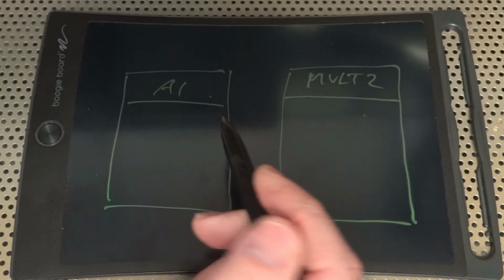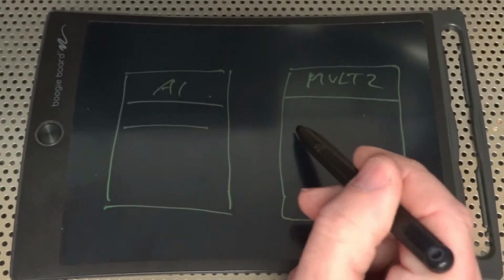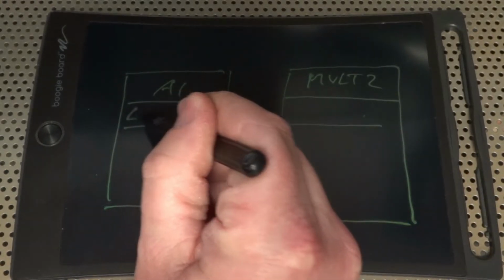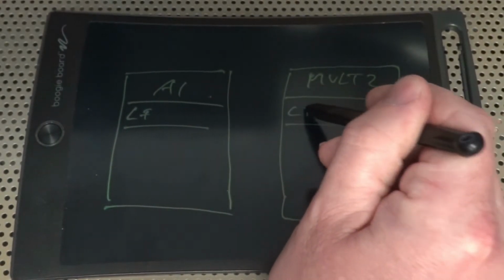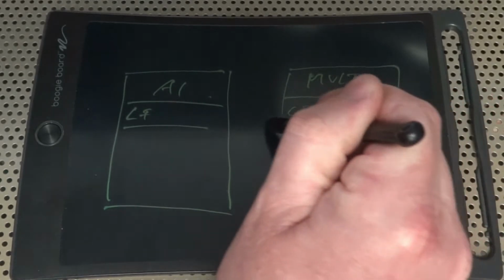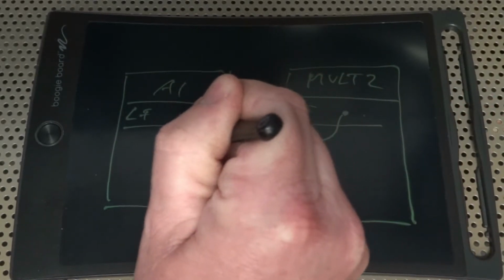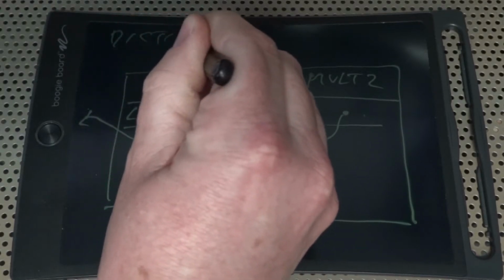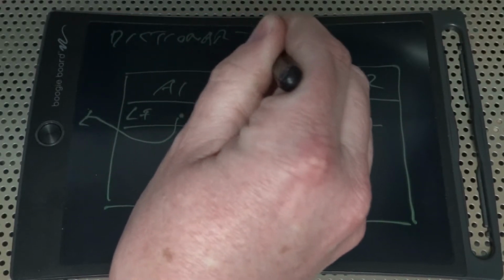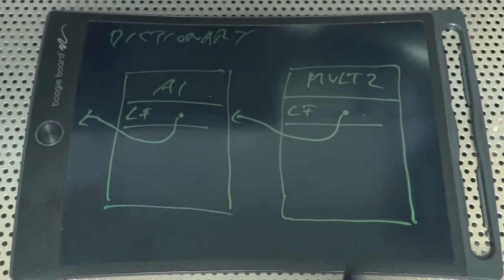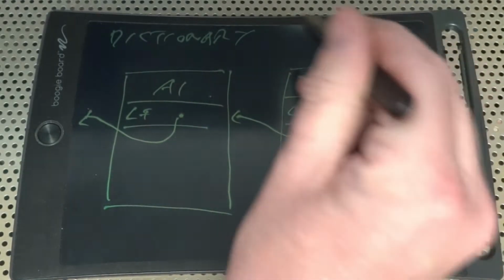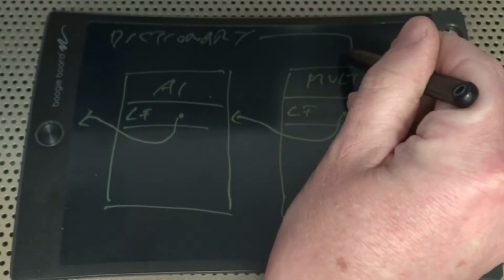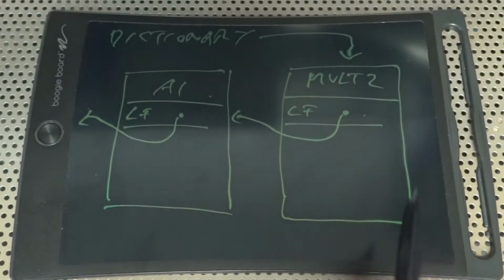And after the name field, we have another field which is called the link field. And the link field basically contains a pointer to the previous word in the current dictionary, right? So the current dictionary contains basically all the words that are known in the dictionary, right? So basically what it is, a pointer to the last defined word.